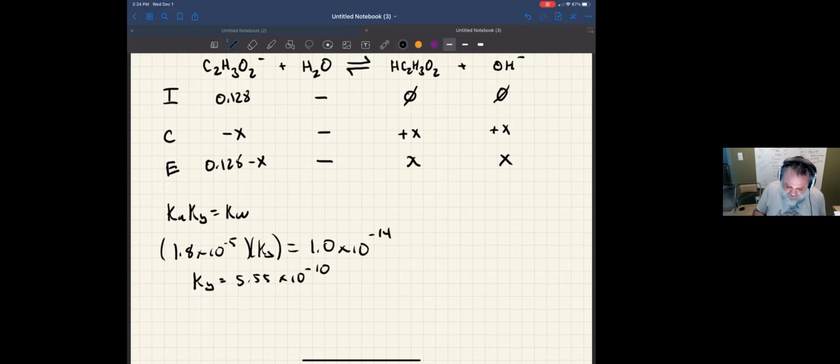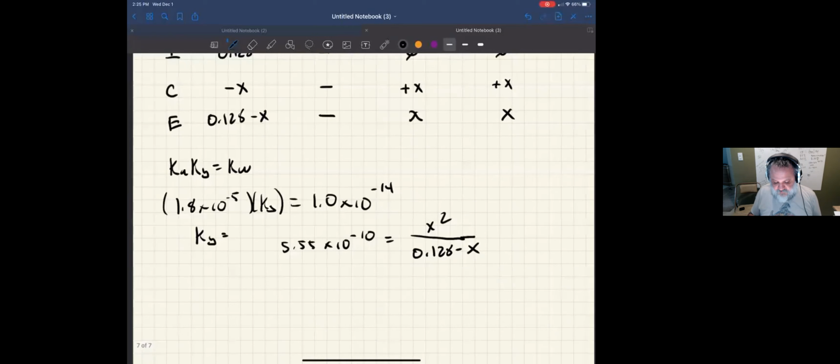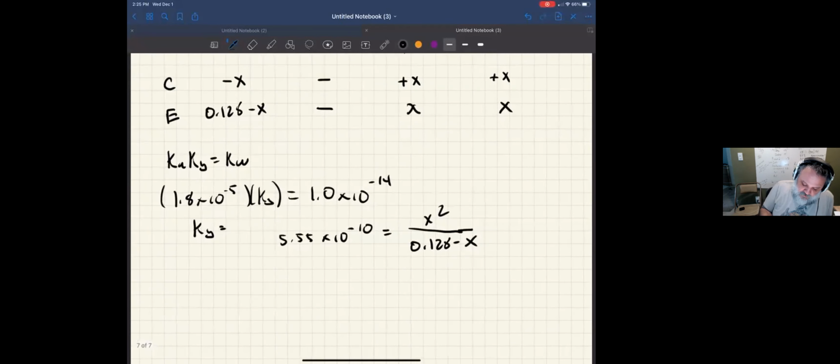Now that I have that, I can say 5.55 times 10 to the negative 10th equals X squared over 0.128 minus X. And let's try to make the assumption that X is small. And so I end up with 5.55 times 10 to the negative 10th equals X squared divided by 0.128.